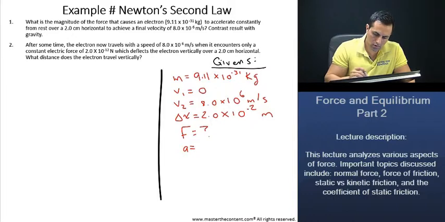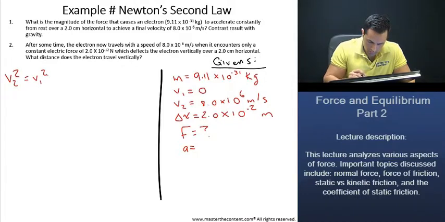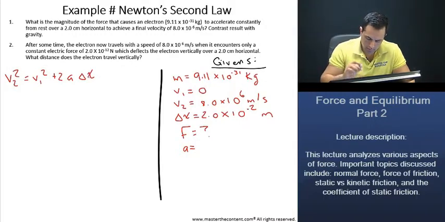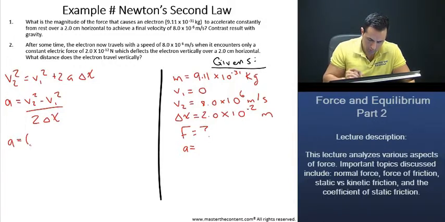Wonderful. And if we recall, our equation there was just our final velocity squared is equal to our initial velocity squared plus 2a times the change in our distance traveled, and we are looking for acceleration so we can find the force. So that's just going to be our final velocity squared minus our initial velocity squared, over 2 times the change in our distance. Awesome. Now, what was our final velocity?